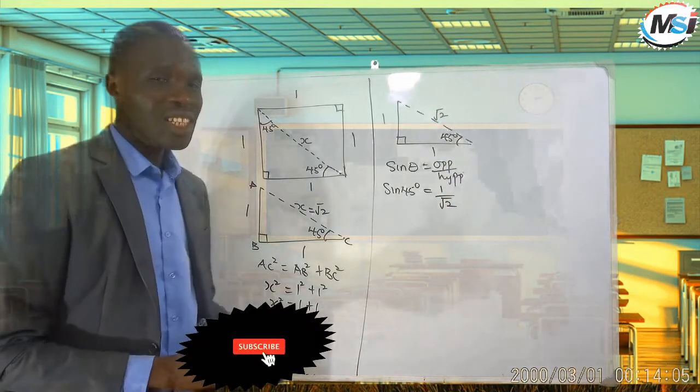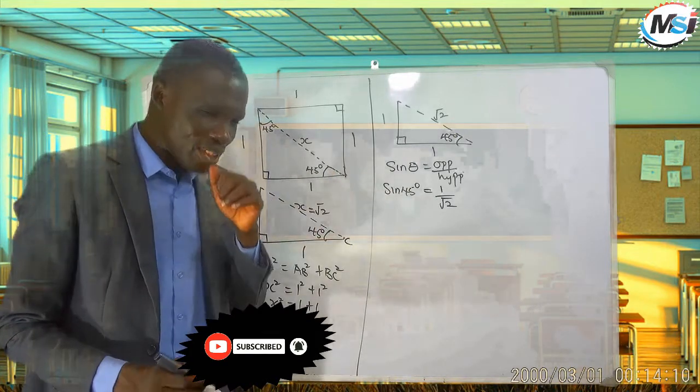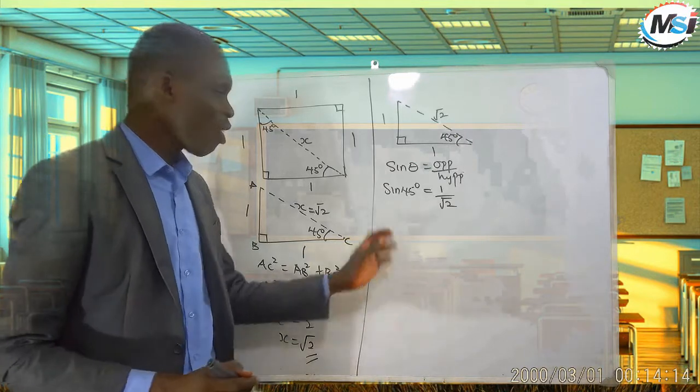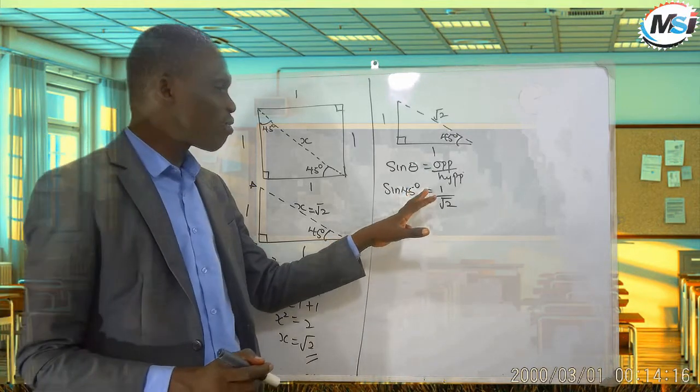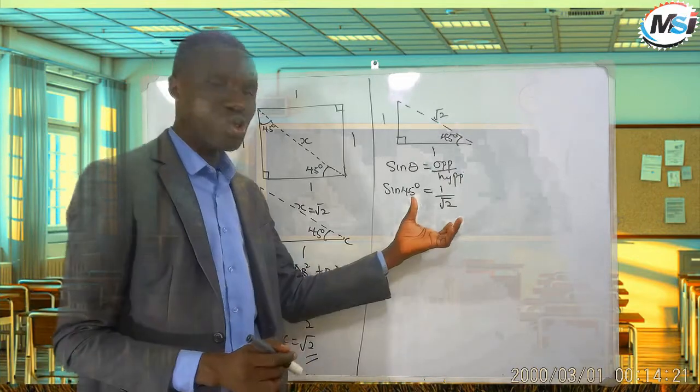So that is telling you that sine 45 degree equals 1 all over root 2.